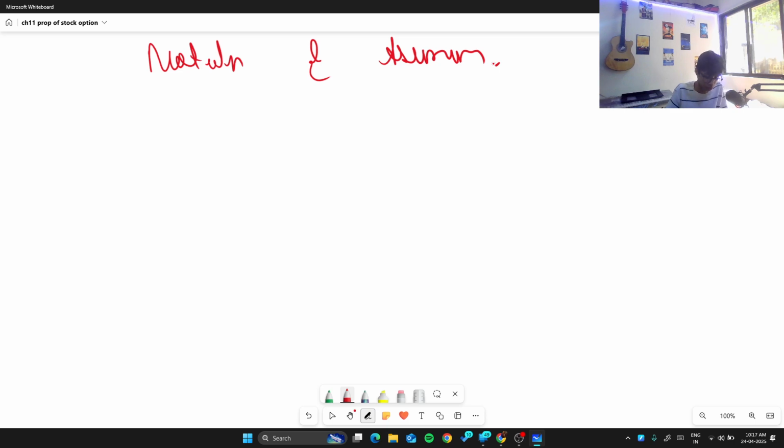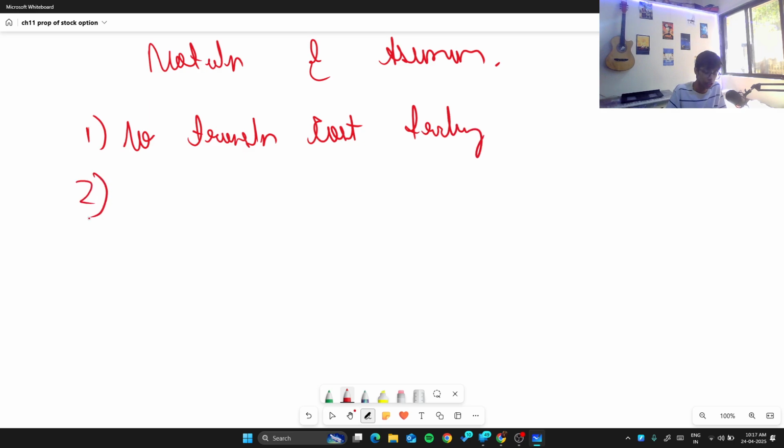So the first assumption is there is no transaction cost. To make our calculation easy, because of brokerage fee, tax, or any transaction cost, the equation becomes more complicated. So to simplify our maths, we use this assumption: no transaction cost is required for trading.